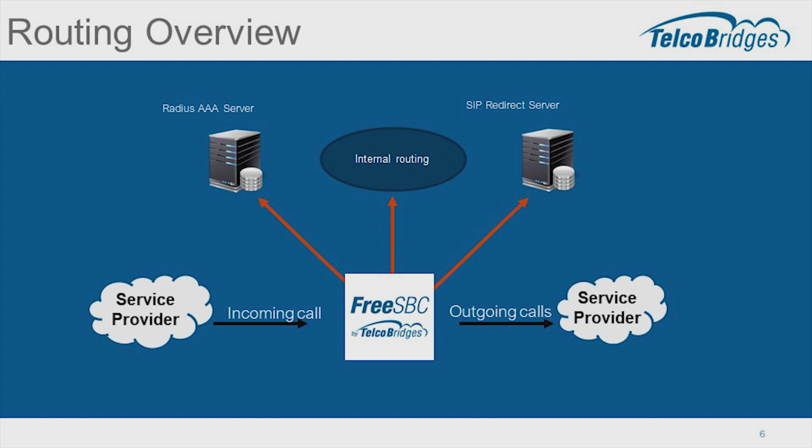So you have, for example, the called number, the calling number, and also where the call comes from, right? You can send this information to either our own internal routing, or to a RADIUS AAA server or a SIP redirect server, right?